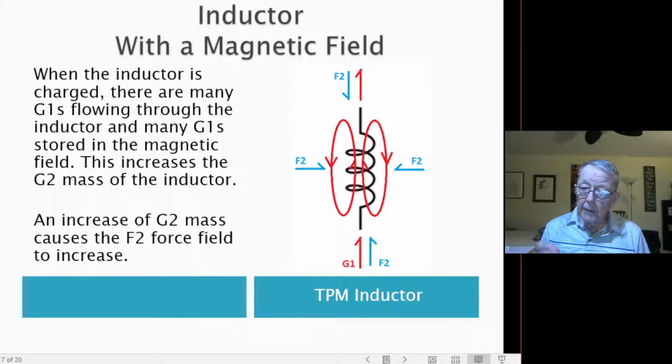Remember, now this force is stronger because not only do I have G1s flowing through, you accumulate over 5 time constants and completely fill this with as many G1s as it'll take, and that increases the G2 mass. It's not only the inductor, it's the ones flowing through, and it's the ones in the magnetic field.